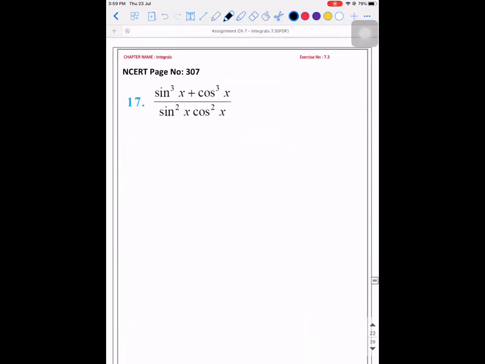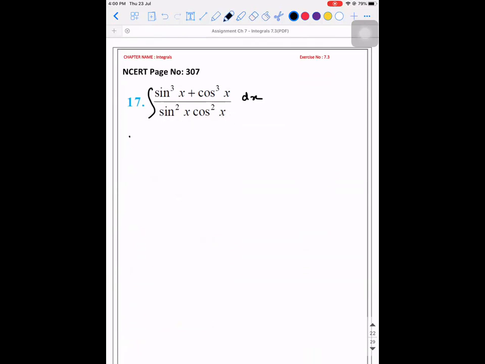Next one. Integral of sine cube x plus cos cube x by sine square x into cos square x dx. So what comes to your mind? No need to multiply and divide by 2. You can just split sine square x into cos square x with each term in the numerator.